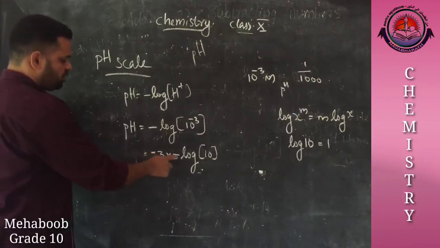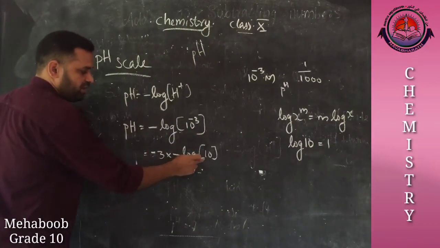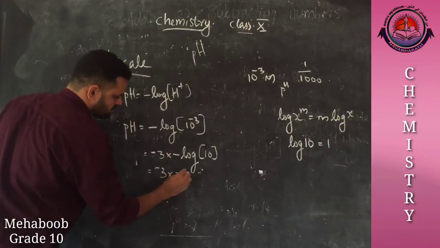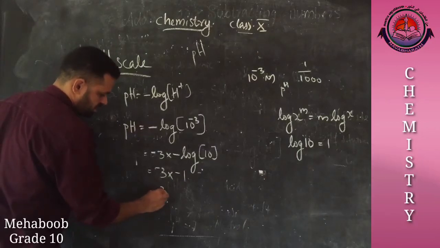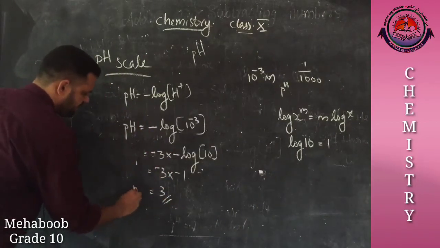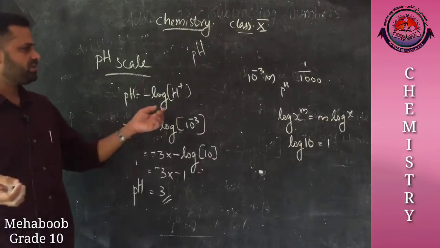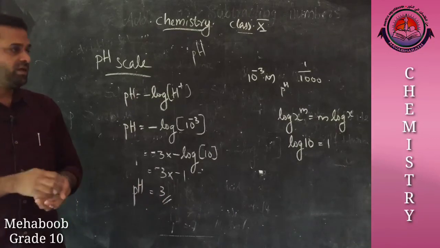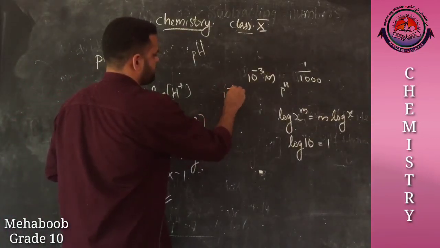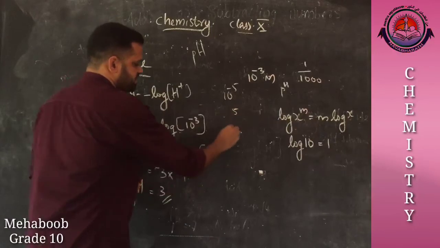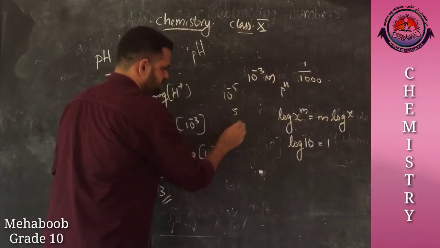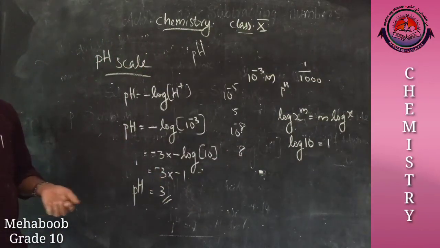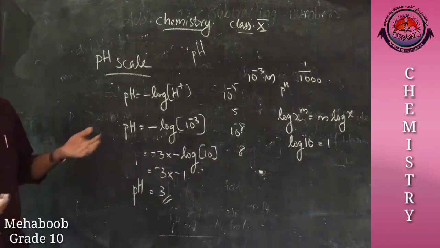So minus 3 into minus log 10, and we know the value of log 10 is 1. So minus 3 into minus 1 is 3. So the pH value of an acid whose concentration is 10 raised to minus 3 molar is 3. If it is 10 raised to minus 5, then the pH value is 5. If it is 10 raised to minus 8, then its value is 8. If it is minus 7, it is 7. In this way we can find out the value of pH.